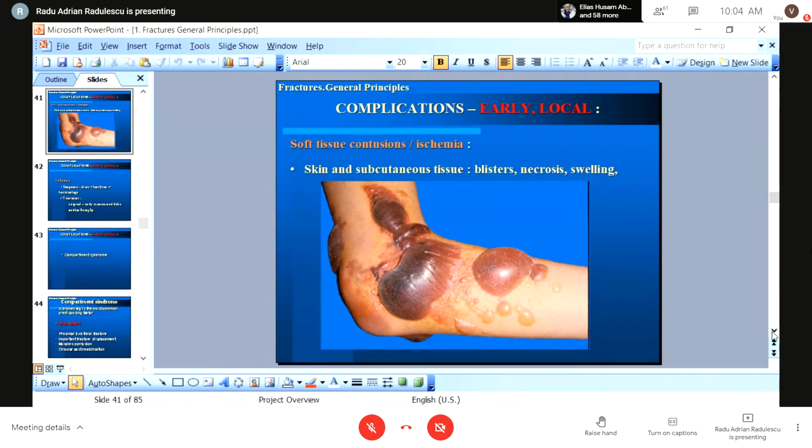Other local complications may be skin and soft tissue complications, like these blisters you can see at the level of the fracture. Blisters also have some local vascular mechanism; they represent accumulation of liquid at the level of the skin.